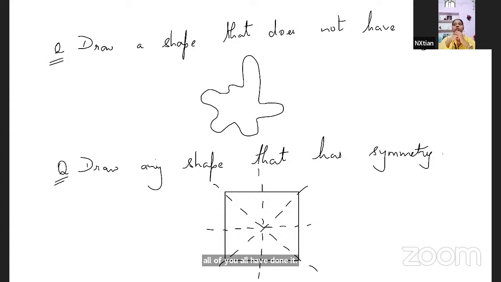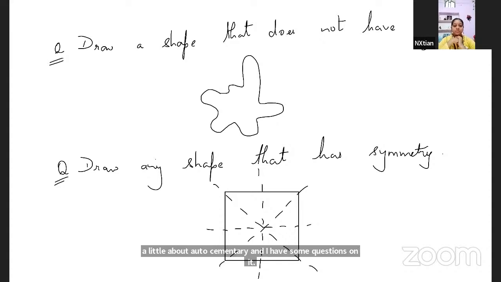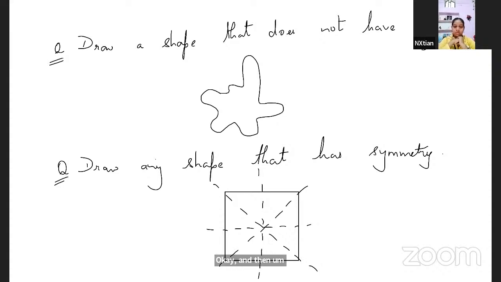So tomorrow we'll discuss a little about order of symmetry, and I have some questions on it. And then from next week we'll start a new chapter in maths.